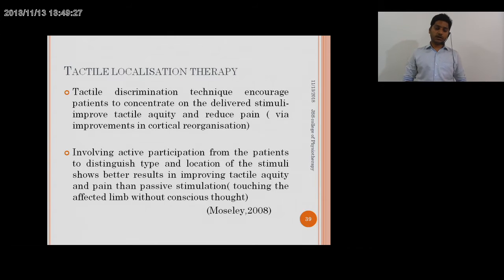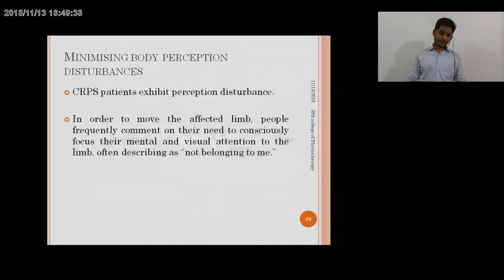And this in turn increases your patient's concentration and ultimately reduces pain by making them aware of their body parts, and minimizing body perception disturbance, as CRPS exhibits perception deficits.